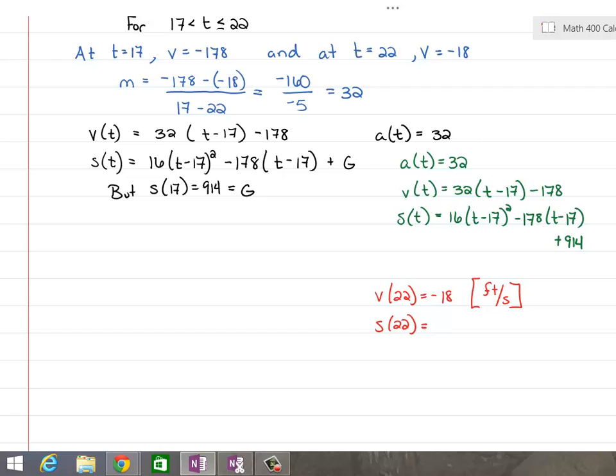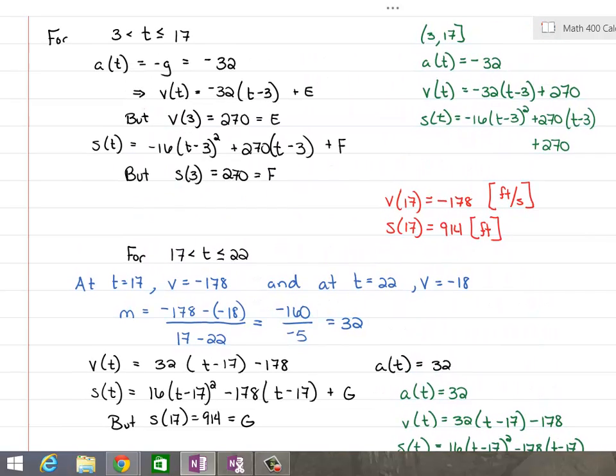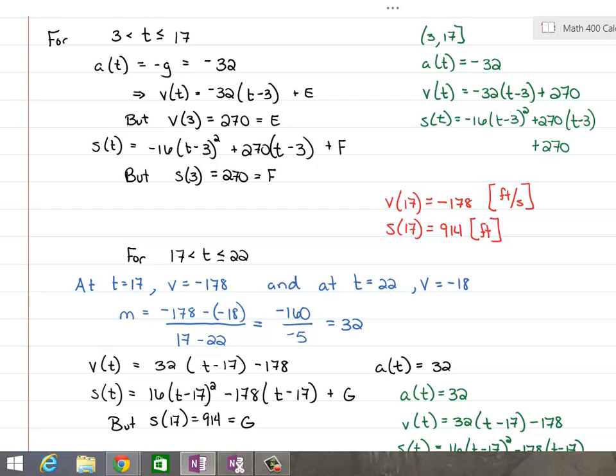Uh-oh. I have to check my math on something really quickly. I think I may have made a mistake somewhere. 424. I'm going to check really quickly to make sure I didn't make a mistake back here.